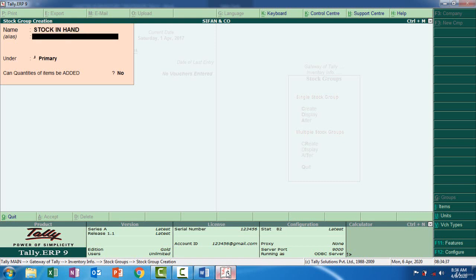It comes under the primary group, and also you need to type yes. Can quantities of items be added? Yes. You need to choose yes, then only the value will be added. So I'm going to choose yes and accept.